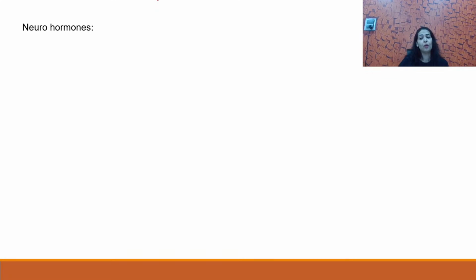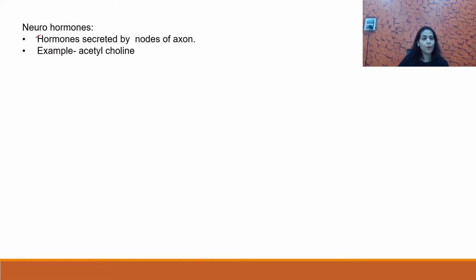Neurohormones. Now these are typical neurohormones. Neurohormones are the hormones which are secreted by the nodes of axons. So if this is my neuron, and the neuron has this long axon, and at the end of the axon there are synaptic knobs.